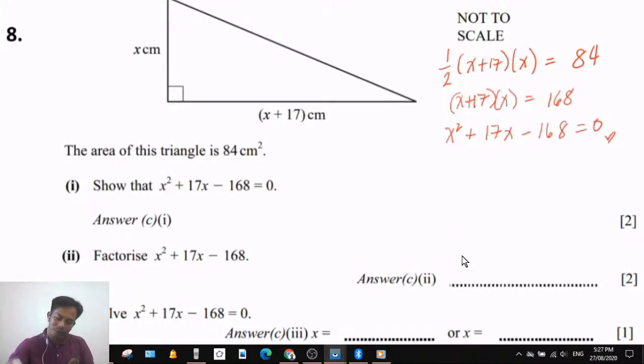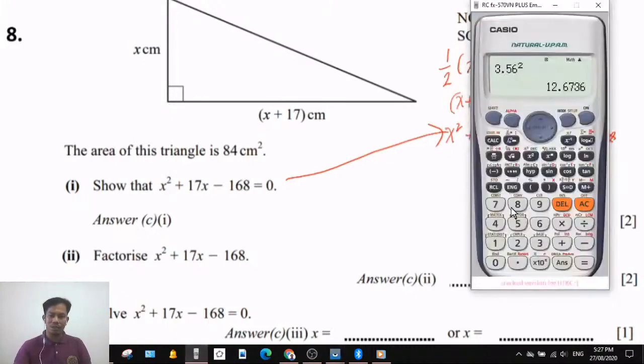Done. Shown for question number 1. Okay, factorize x squared plus 17x minus 168. I'll use my calculator. I'll have 1, 17, and negative 168.